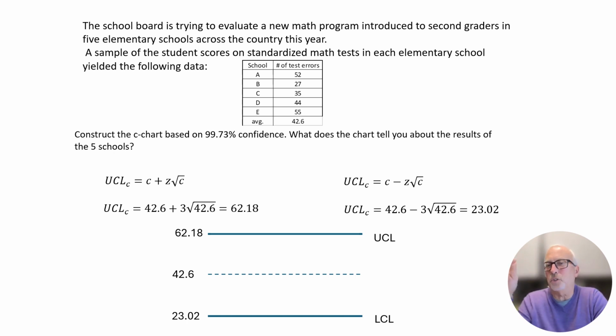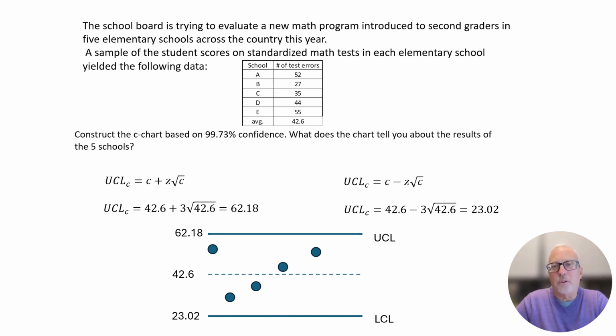We're just trying to see if the schools fit within the control chart. So the pattern's not going to matter, but school A fits in. School B is looking okay. School C is very close to the mean. School D is a little higher than the mean, but everything's within the control limit. And then finally, school E also.